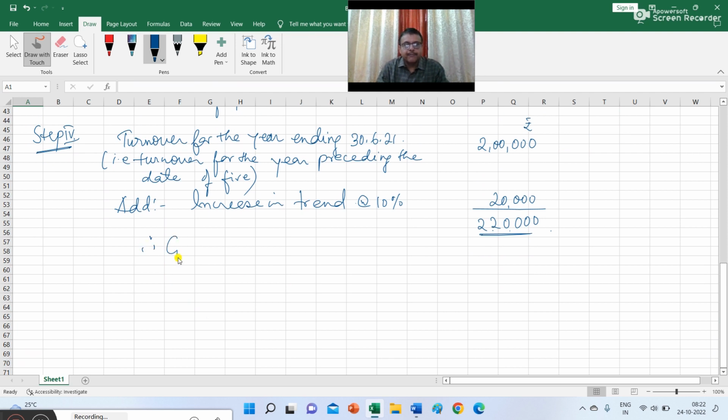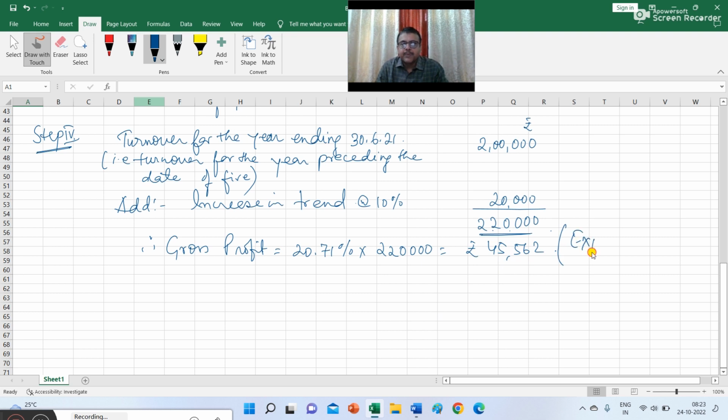Therefore gross profit is 20.71% into 2,20,000. This is 45,562. So 45,562 is basically the expected value of sum insured.